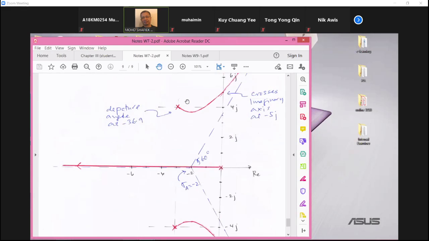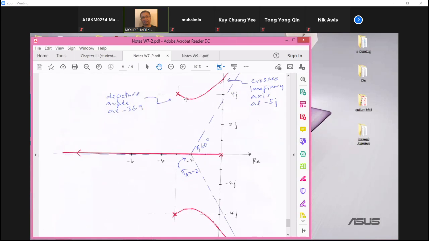Let's say we want to find the departure angle from the pole above the real axis. Now we have two other poles, one pole at the origin and one pole right underneath the complex pole. And of course, that angle is going to be 90 degrees from the complex pole. Another angle is the angle from the pole at the origin to the pole in question here. So this angle.